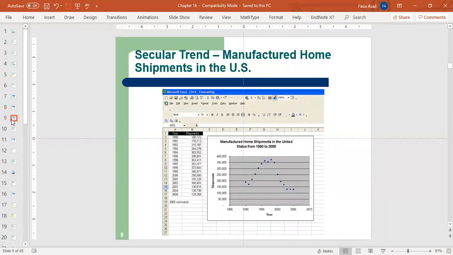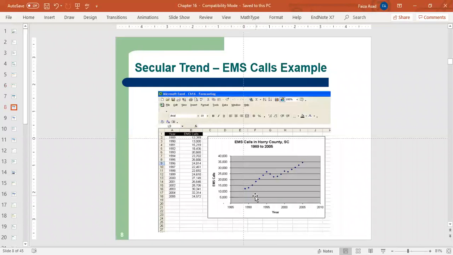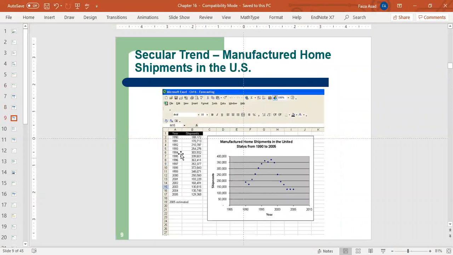So moving on to the next slide. This one was showing the cyclical variation, and this one is showing the seasonal variation. So you can read these examples from the book. It simply plots these values on the chart.